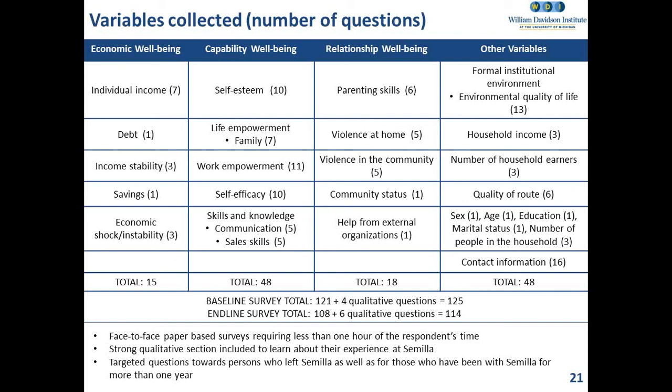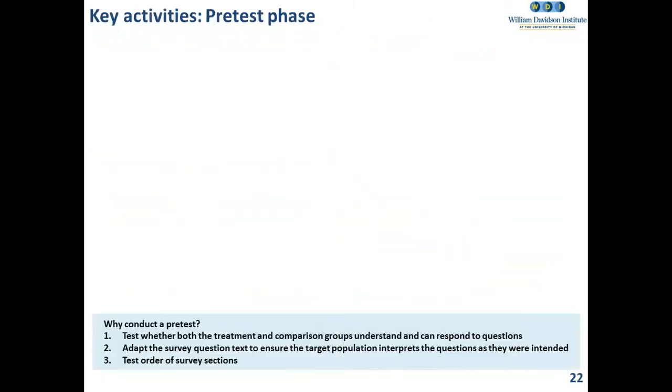We have a very strong set of qualitative questions that allow us to capture anecdotes, stories, and basically stuff that quantitative questions cannot capture. In the endline survey, most of the questions are similar, except there is a separate set of qualitative questions that we ask salespersons who are still at Semilla, and a separate set of questions for salespersons that left Semilla. We did this so that we could capture the different experiences that the women were having.